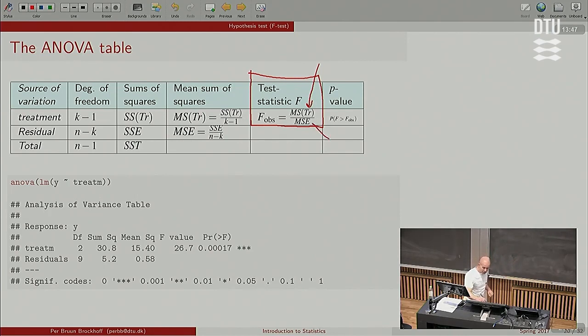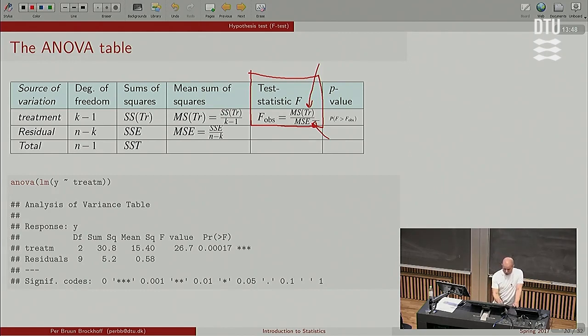It's the signal divided by the noise, and since the signal also includes the noise by theory, if there is no signal, it's this noise divided by noise, on average 1, and it distributes like an F. And only if we have an F, a signal to noise, which is extreme in this proper F distribution, we can reject the hypothesis, we have a signal, and we can prove that groups are different.